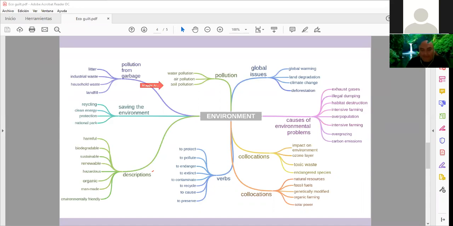You know what? We are talking about pollution and what are the causes for pollution. We are writing in the chat so that we can check something about spelling, something about grammar, and of course that I can give you feedback.